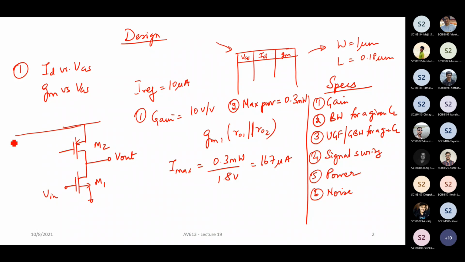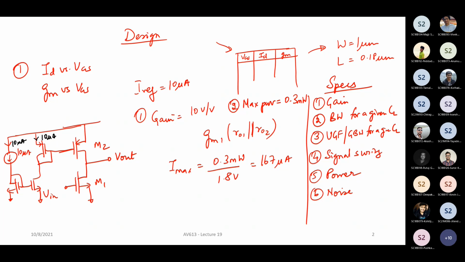Now this max current will also include, for example, if you have this 10 microamp source, you put a current mirror here, and you again have to mirror it. So here, let's say you're taking 10 microamp, and this is 10 microamp.